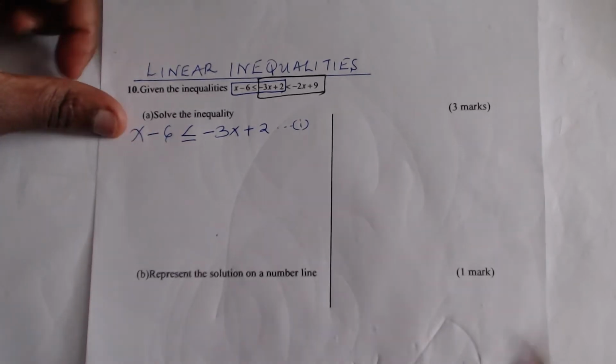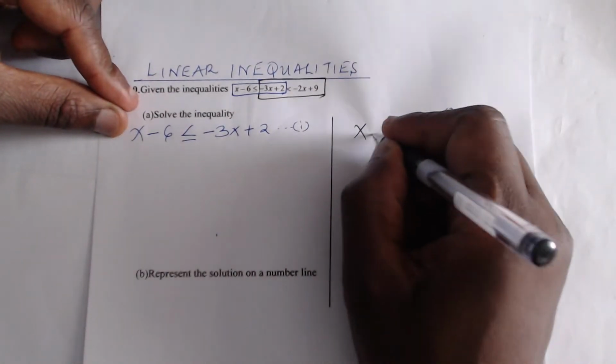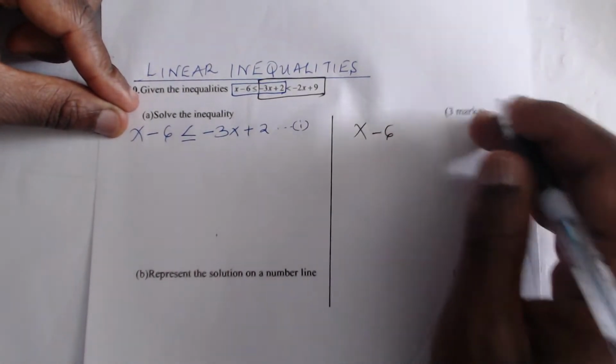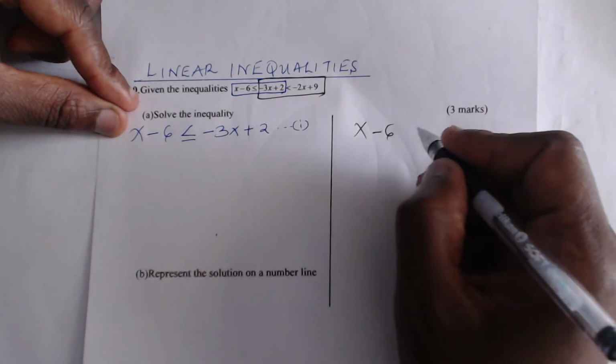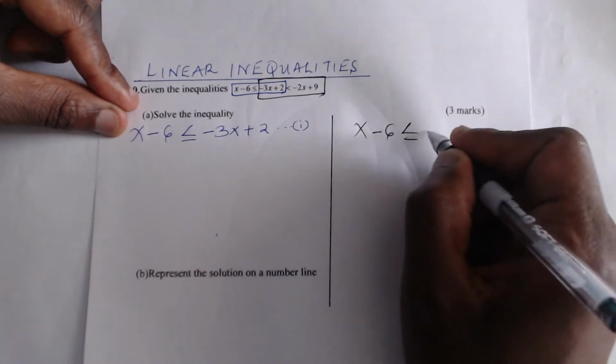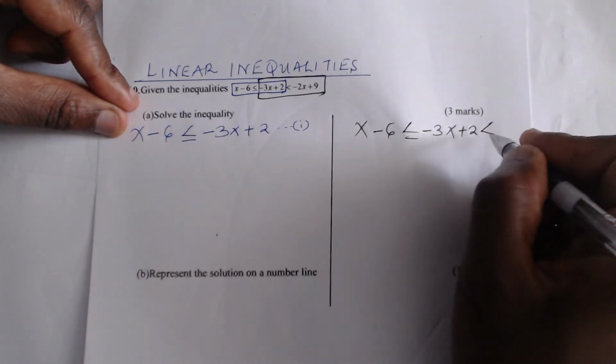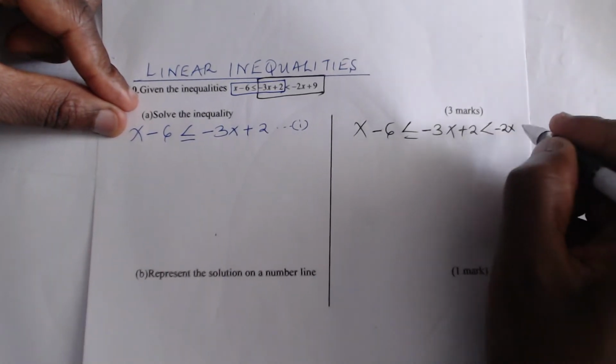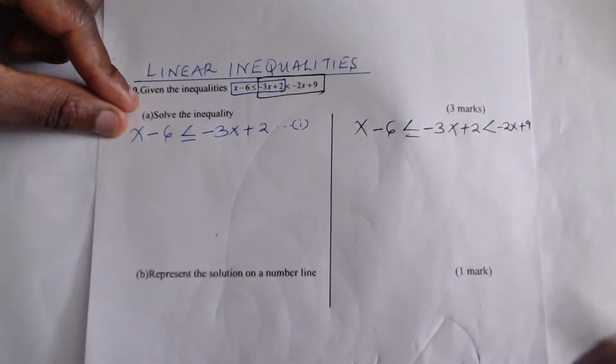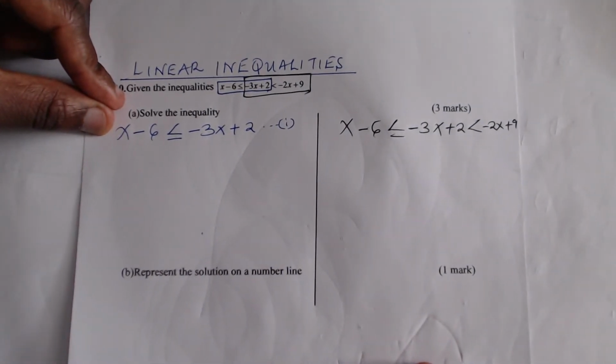So the combined inequality is x - 6 ≤ -3x + 2 < -2x + 9. So that is the inequality.